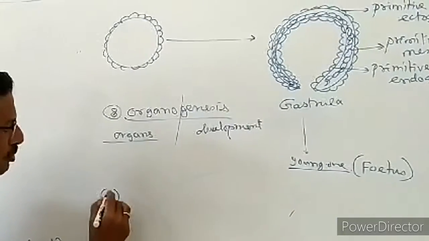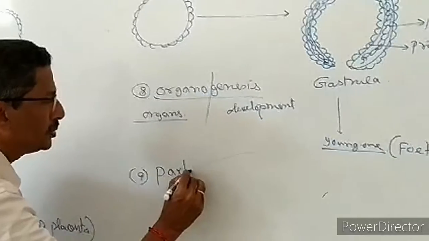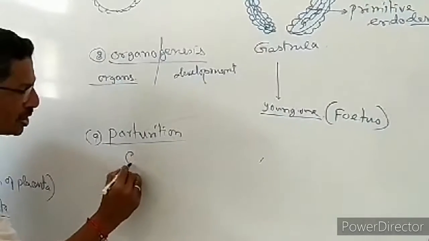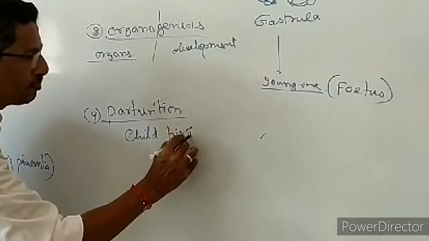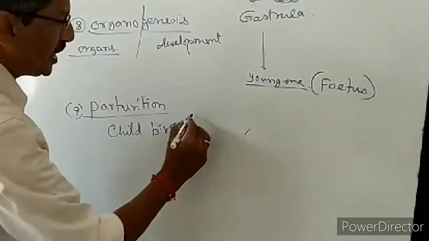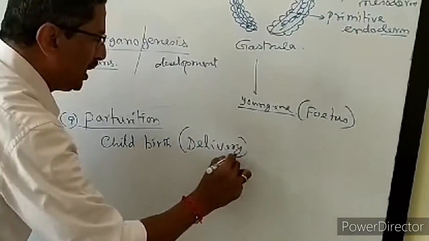Then the last event will be parturition. What is the meaning of parturition? The common term for this parturition is childbirth. Sometimes doctors will say delivery of the child.